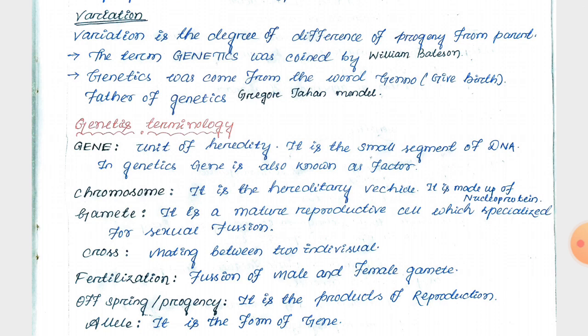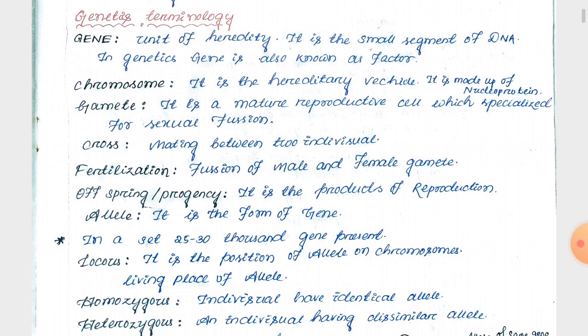The next terminology is gene. A gene is the unit of heredity. Characters are transmitted from parent to progeny, but the ultimate information is present in the gene. That is why the gene is the unit of heredity.